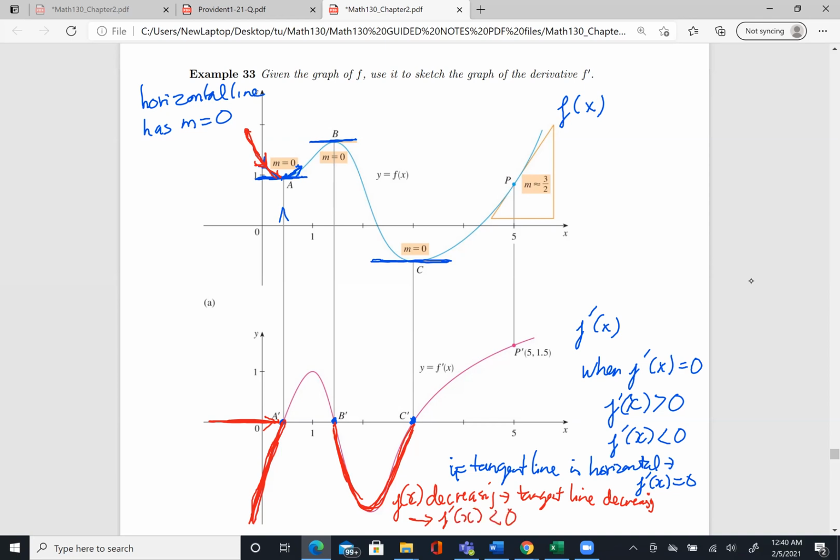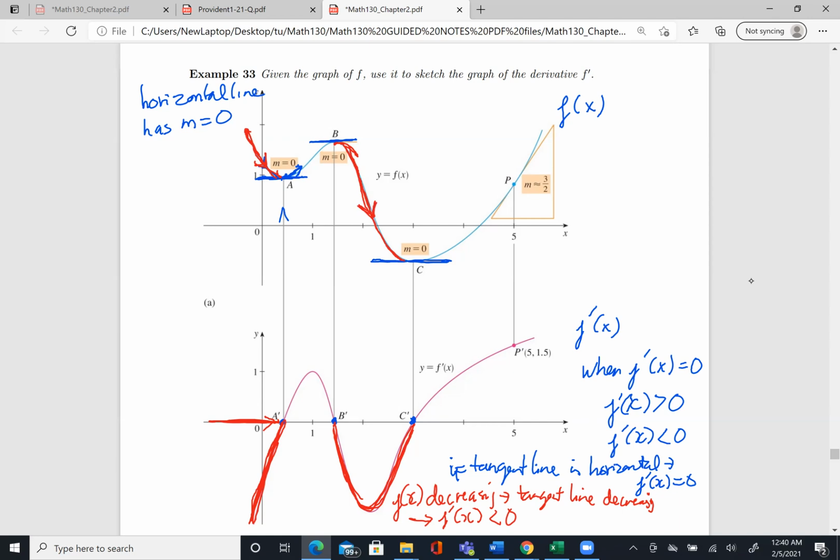So at that part, the slope of the tangent line is decreasing. That means the slope of the tangent line has to be negative, because the tangent line is going down at that time, right? Okay. So similarly, from B to C, you see that it's just decreasing, right?